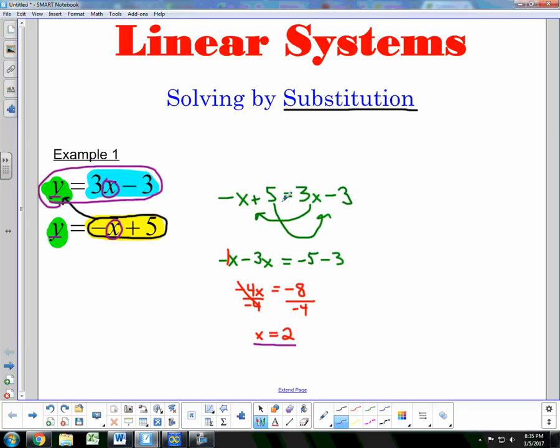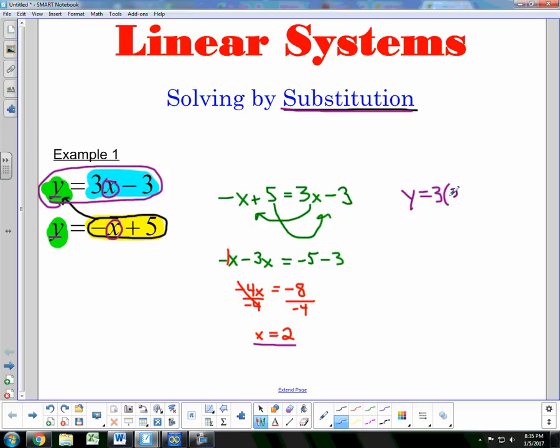So now that's going to look like, I'm going to show my work over here, y equals now 3, and I'm going to substitute, remember that word again, substitute, this 2 in for the x, because it says x equals 2, therefore I can plug a 2 in for it.